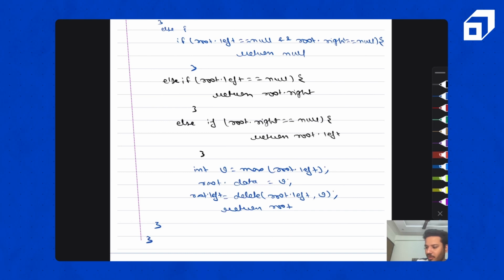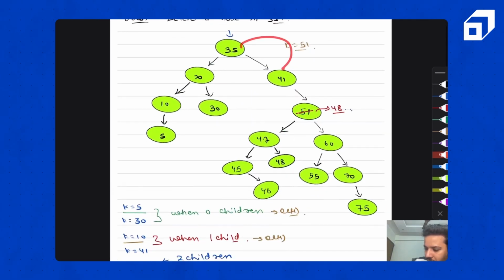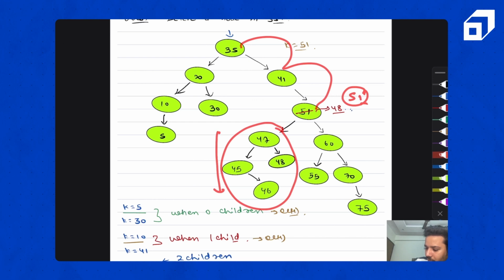So order of h plus order of h, because this max will get called only one time. Then you are calling delete on that part. So first you reach 51, then you get the maximum out of here. Now this although will not be order of h overall, calculating the maximum of a BST is an order of h operation, right? So order of h on this side.